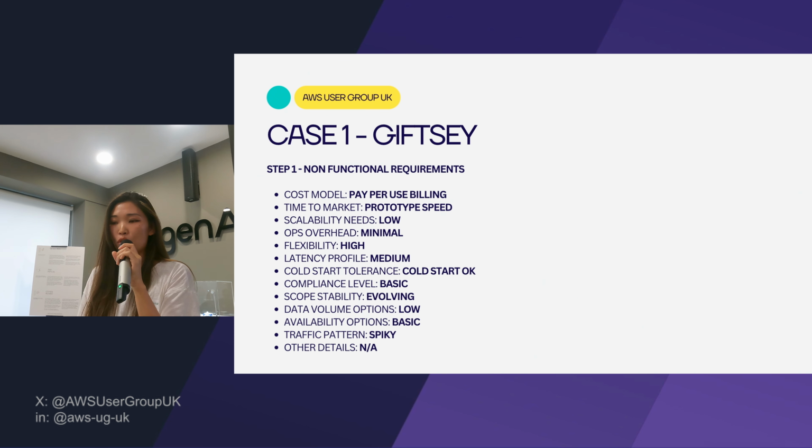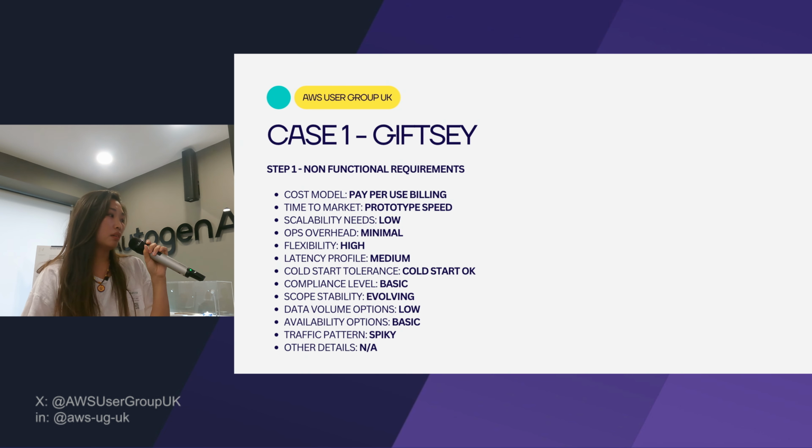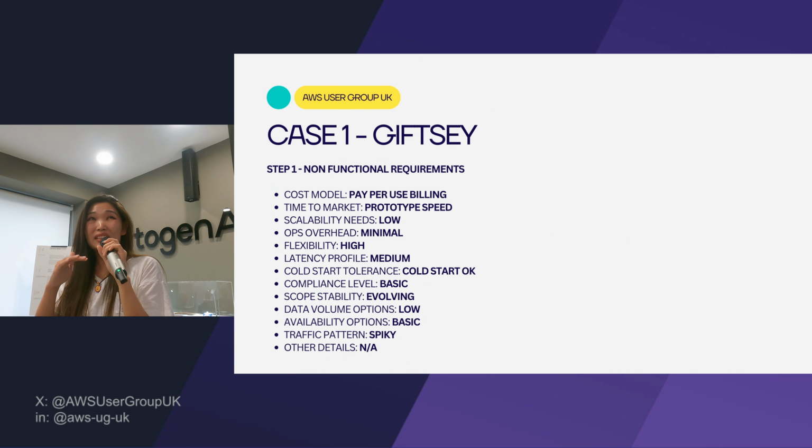And the availability options, I would say basic. It's not a critical system, so nothing super important there. And traffic pattern, I selected spiky, just because I think it's going to be more or less steady, with the exception of probably holiday seasons, when people are buying a lot of gift cards.